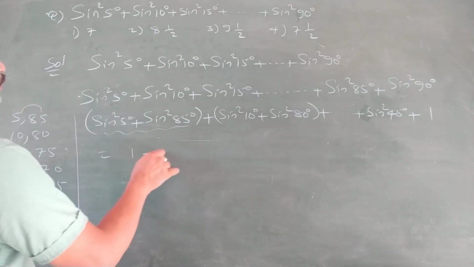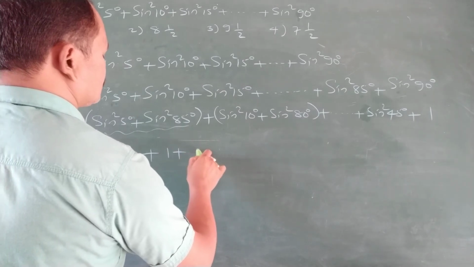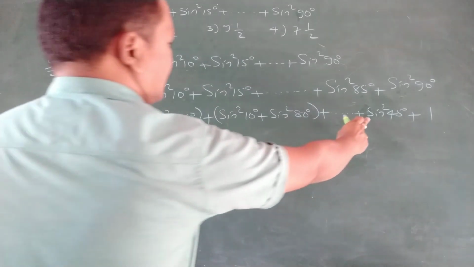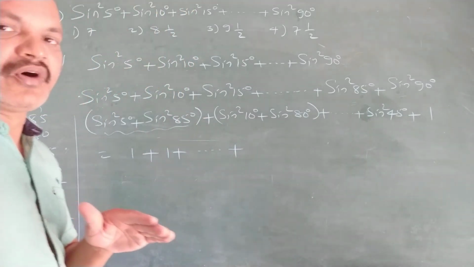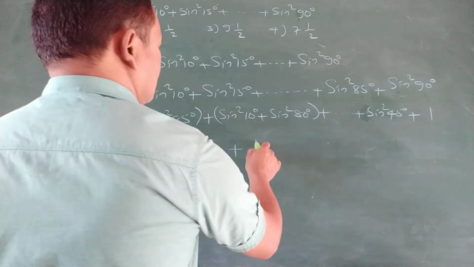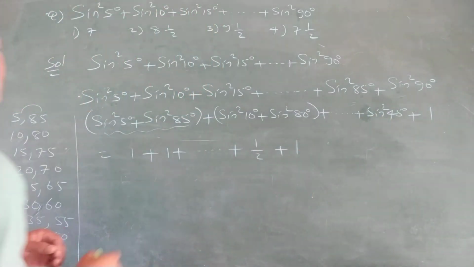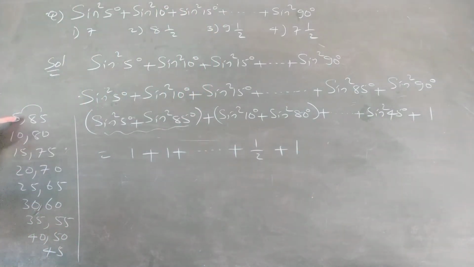So this is 1 plus this is 1, plus so on, plus here sin square 45. Actually sin 45 is nothing but 1 by root 2, and 1 by root 2 whole square is 1 by 2, plus sin square 90, that is 1. So how many ones are there? Each pair represents 1: 1, 2, 3, 4, 5, 6, 7, 8.